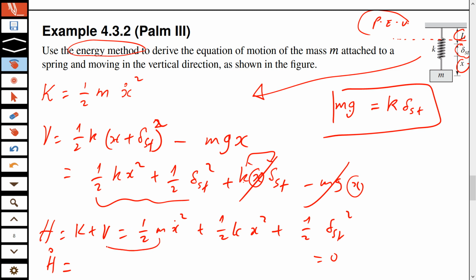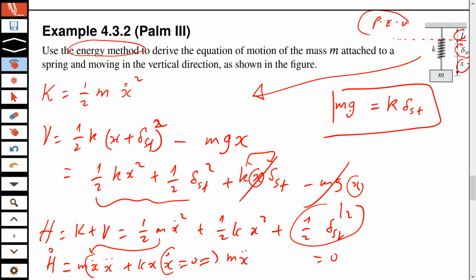So H dot: you differentiate, the power rule's 2 cancels, so it's m x dot x double dot plus k x x dot, and the derivative of the last term is 0 because the static deflection is constant. If this is 0, I can take x dot common, divide both sides, and I'm left with m x double dot plus k x equal to 0, and I got my equation. You already knew this, but this is just to show the power of the energy method.